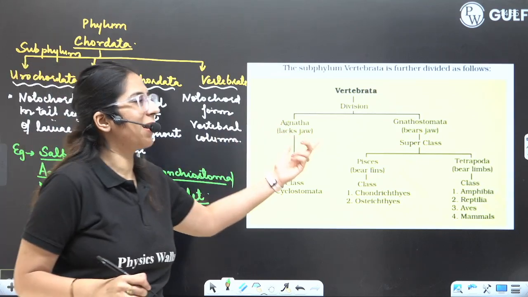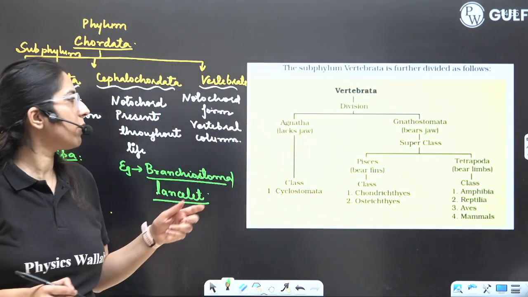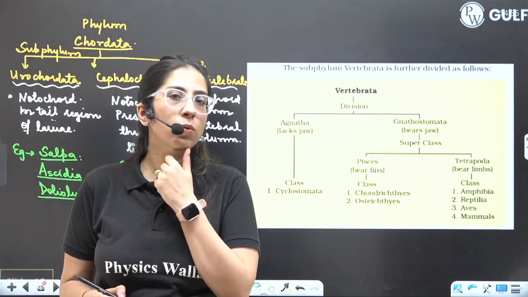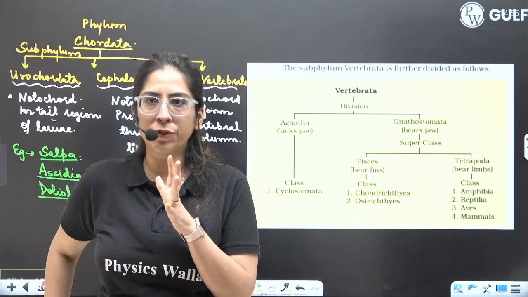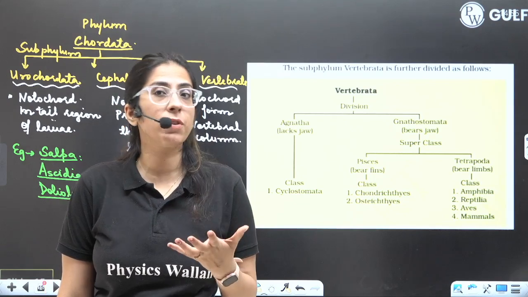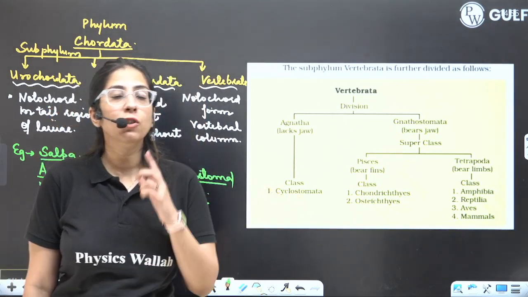Vertebrata are further classified into two divisions. The first division is Agnatha, meaning they do not have jaws. These are fishes which do not have jaws. I won't say they are fishes only, they look like fishes, but there is a difference also. Here the jaws are not present, so they are kept under Agnatha, jaws absent.